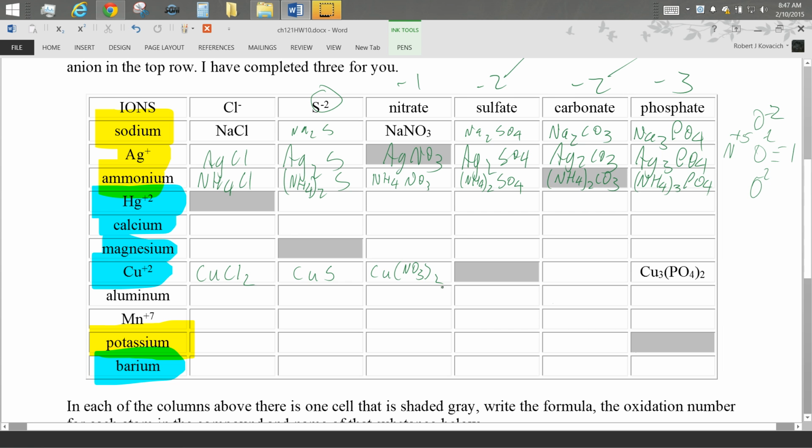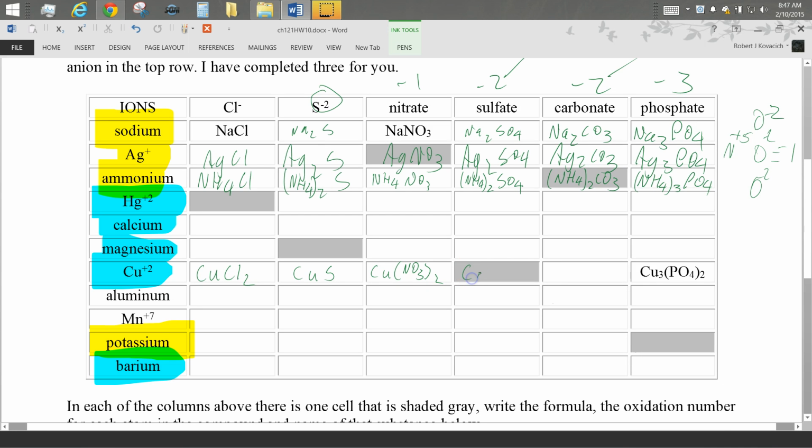Why did I need to put those parentheses in there? I need 2 nitrates because their charges are each -1, and so I'm required to have 2 of those things, and it's not an N2O6, it's 2 separate NO3s. So that parentheses is just telling you there's 2 of everything inside of the parentheses.